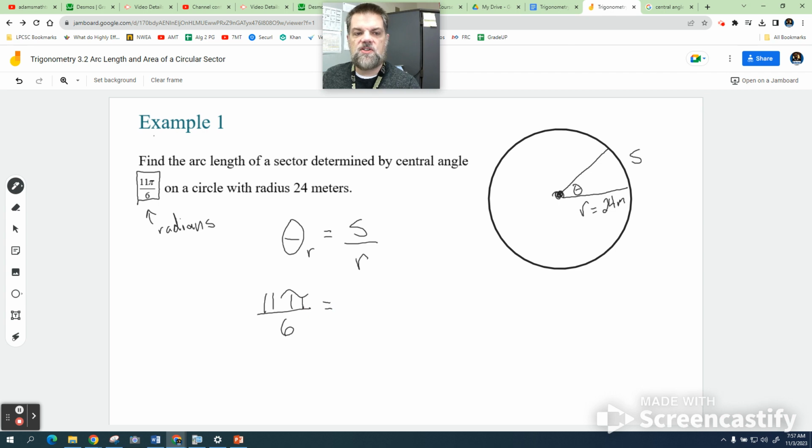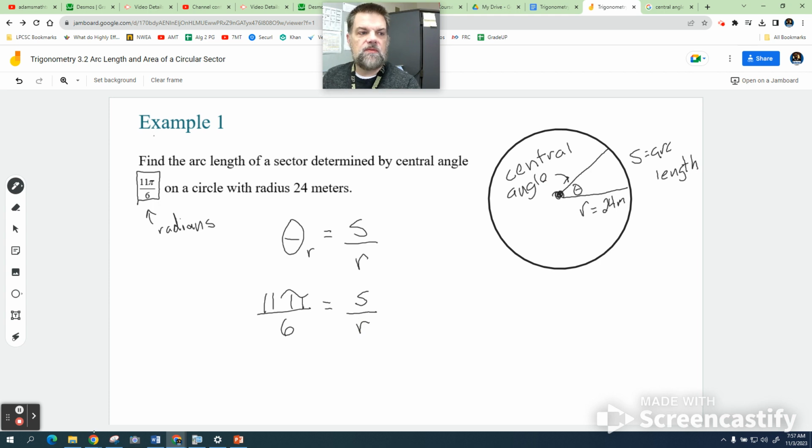They want us to solve for the arc length, right? Also, theta is what we call the central angle. Now, if I write it down, I want you guys to write it down. I know it's a central angle. You know it's a central angle. But if we write it down, it gets in your brain one more time, and that'll help you in December when you take the final exam.